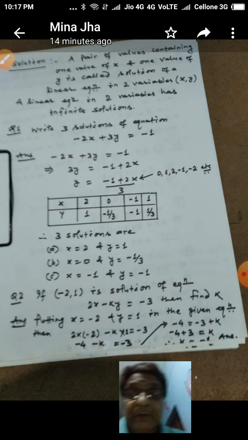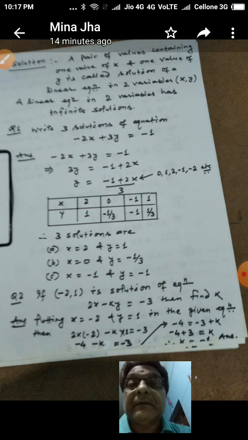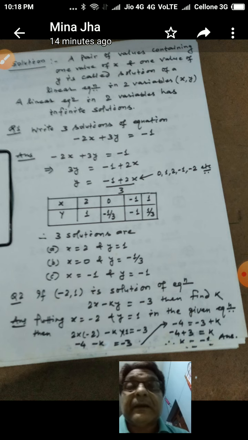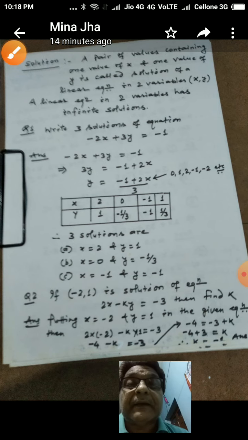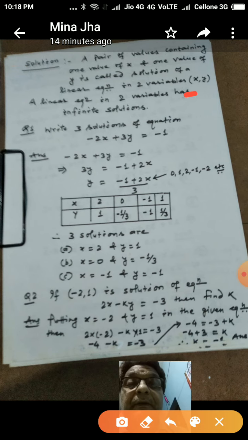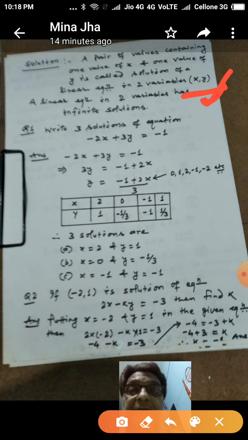Similarly here, solution means the answer of the equation, and since there are two variables, we will find a pair of values, one for x and one for y. This pair we write inside a small bracket as (x, y). So this is the solution of such an equation.